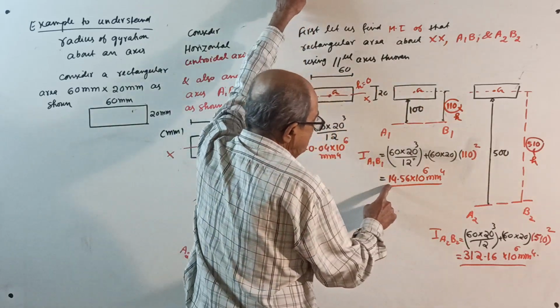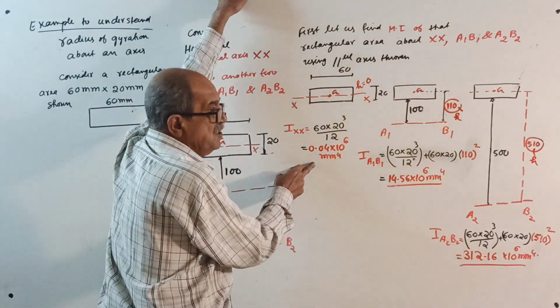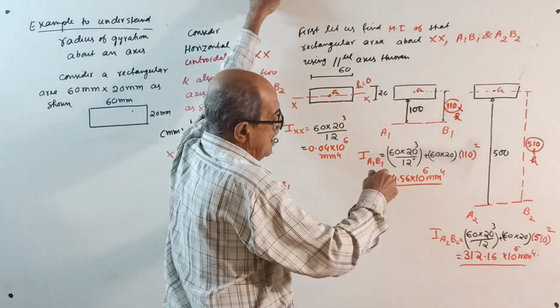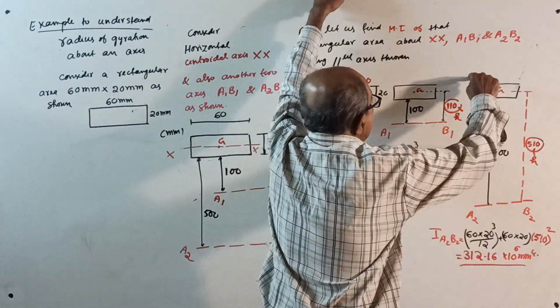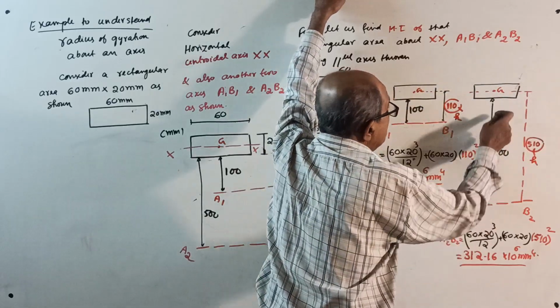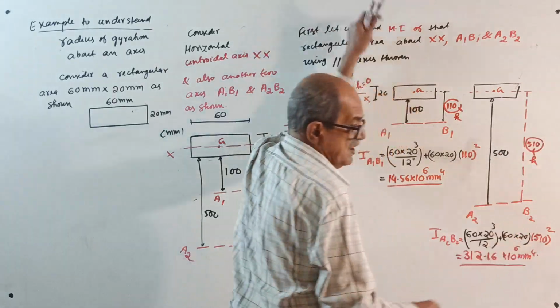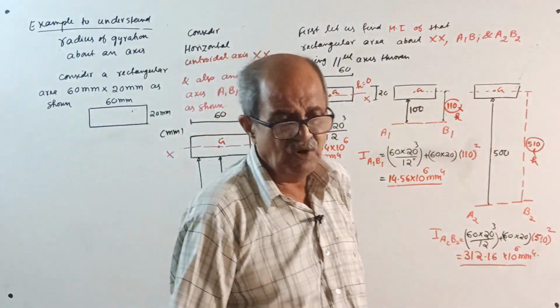It will come 14.56 into 10 to the power 6 millimeter power 4. You can see a very huge jump. Now I about A2, B2: 60 into 20 cube by 12 plus area into 500 plus half of 20, 510 whole square, 312.16 into 10 to the power 6 millimeter power 4.